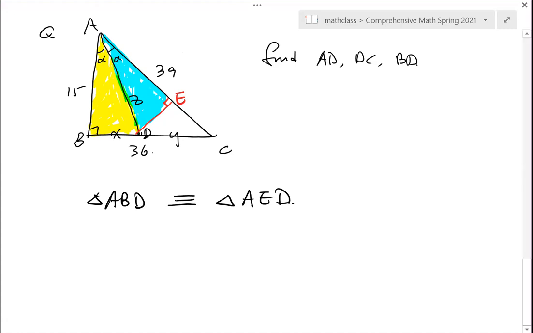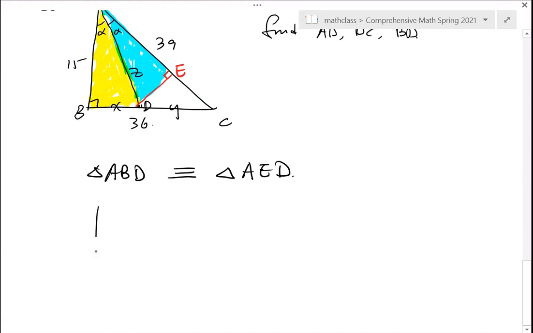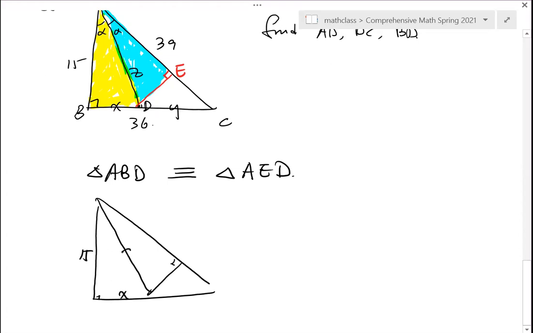So if that is true, let's look at this triangle again. So this is X, this is a 15, this is a Z, this is a 39, and here's X. So immediately this is a 15, right? Because of triangle congruence.